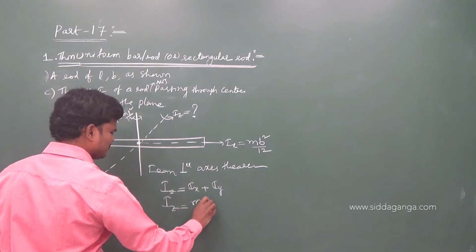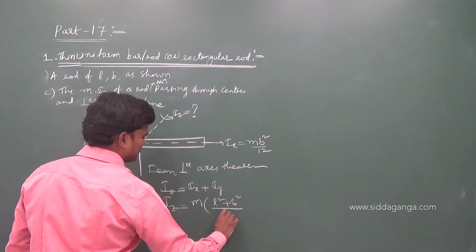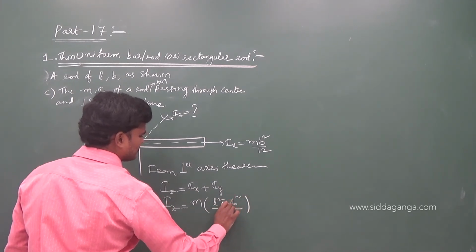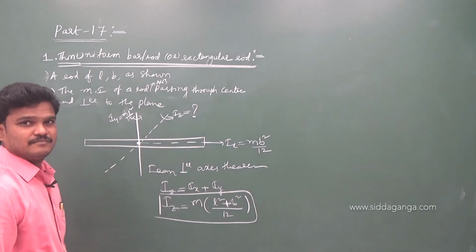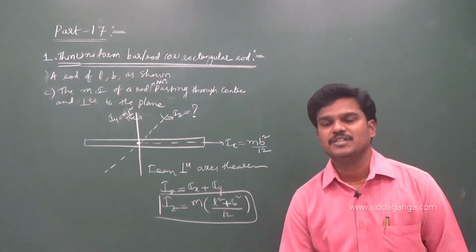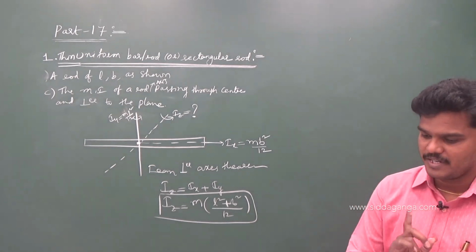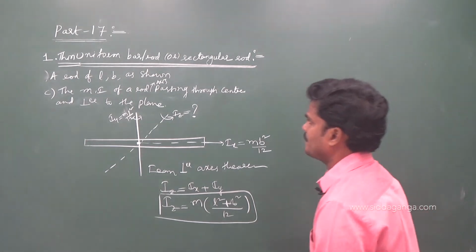So m into l square plus b square by 12. This is the moment of inertia. See the third formula, moment of inertia passing through center perpendicular to the plane. Write it.